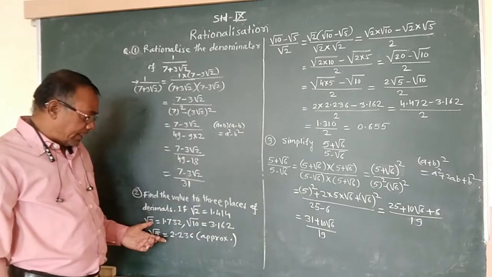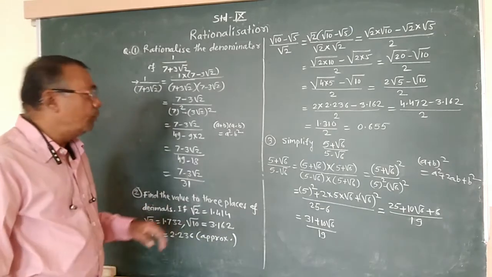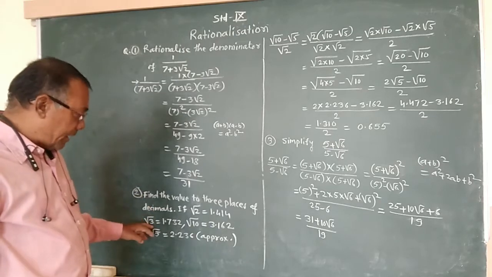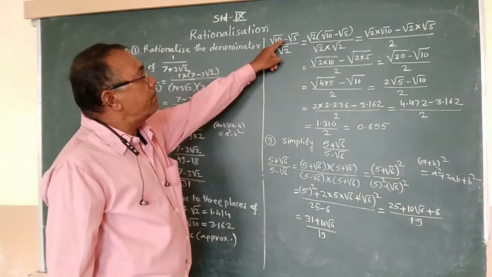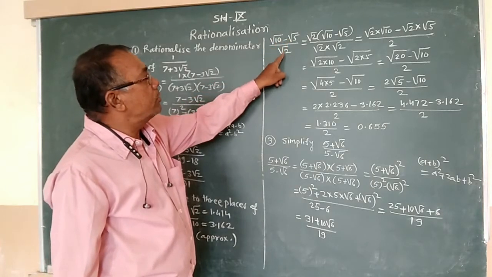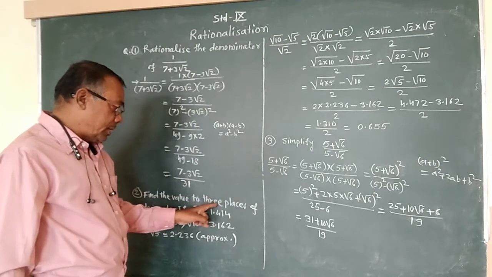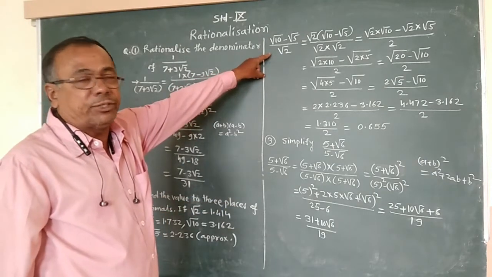All these values are approximate values. And now, related to these values, our example is root 10 minus root 5 upon root 2. We have to find the value of the given expression to 3 places of decimal.